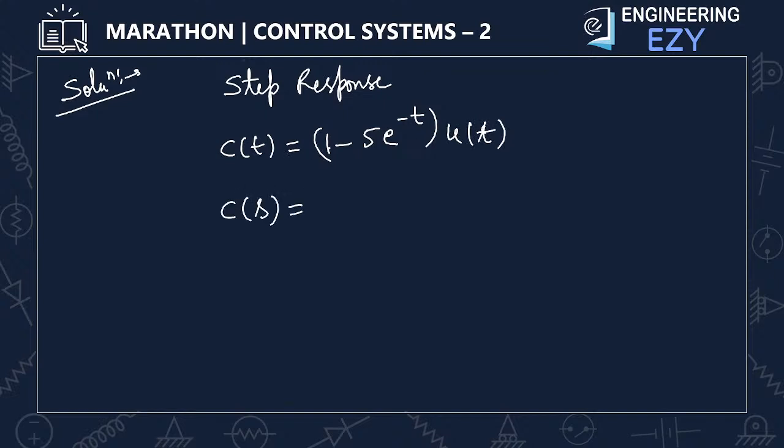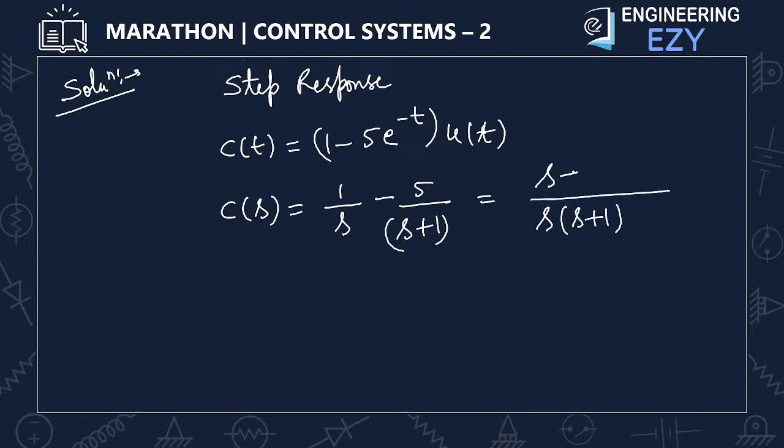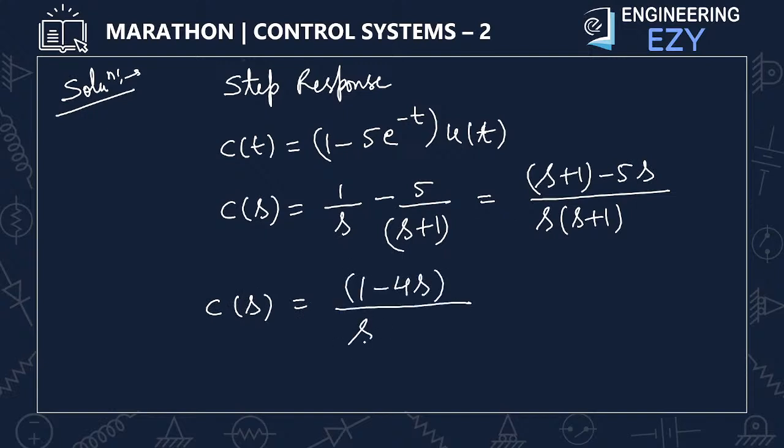C(s) is equal to 1 by s, the Laplace of u(t), minus 5e to the power minus t u(t), whose Laplace is 5 upon s plus 1. If I take the LCM, s into s plus 1, I get s plus 1 minus 5s. So C(s), the step response in the s domain, is 1 minus 4s upon s(s plus 1).